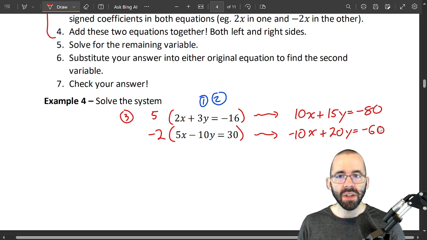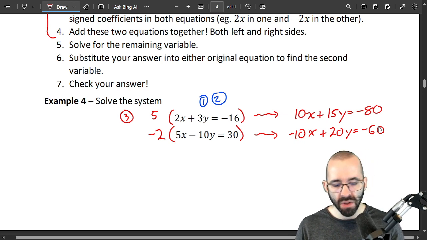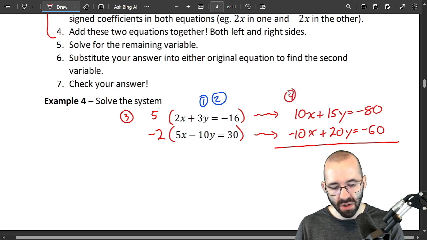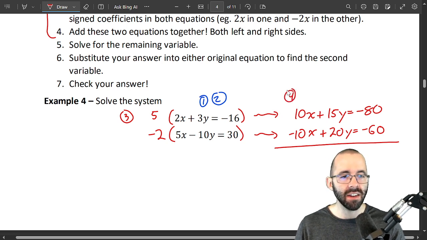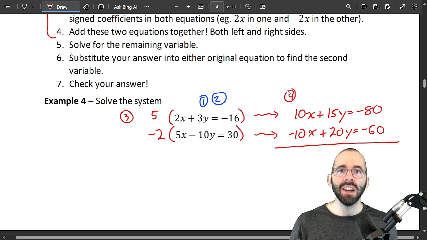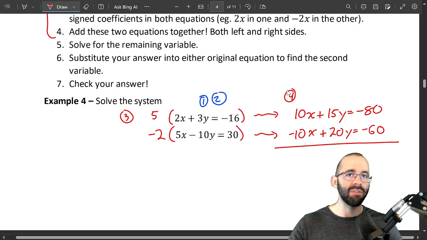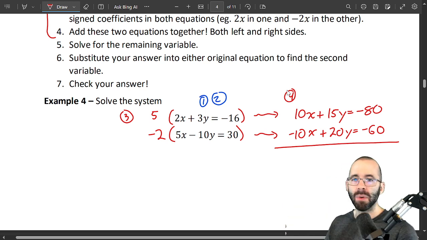So the reason we do step 3 is so step 4 is super easy. Step 4 says we add both of these equations together. The reason we can do that is because for an equation, we can always add something to both sides of the equation. We can add 5 to both sides, we can add 2, we can add 3.